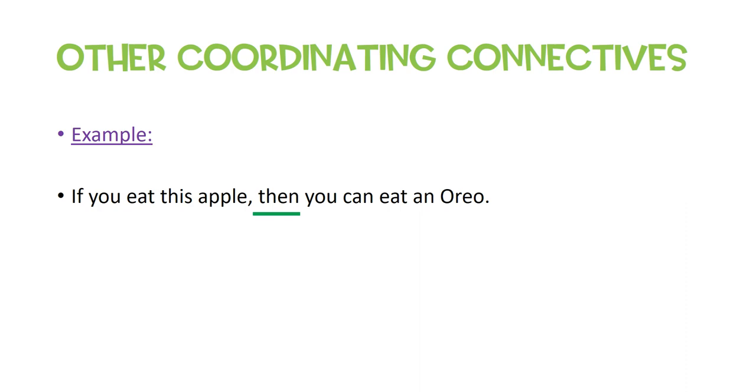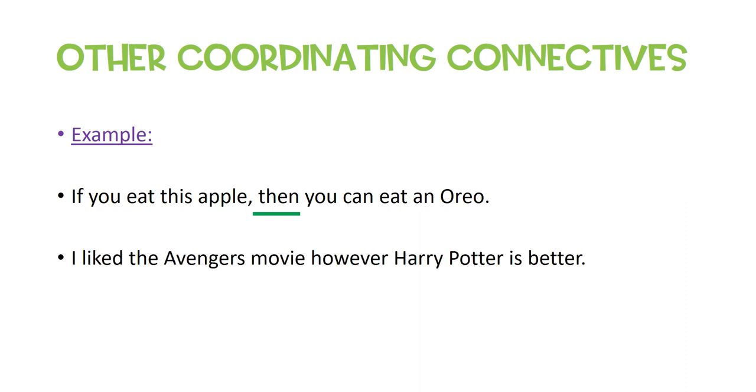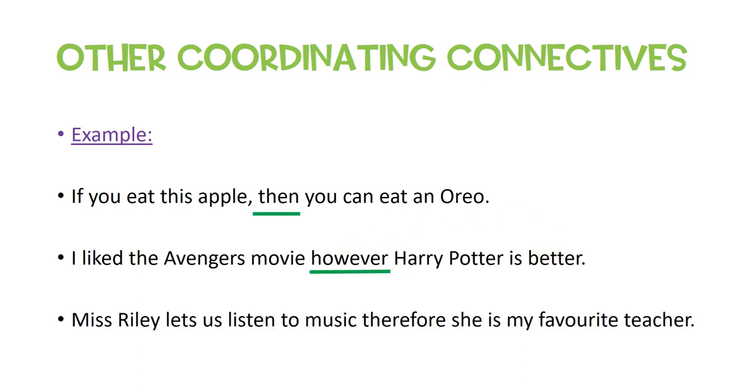The word then is showing us it comes after. I liked the Avengers movie, however Harry Potter is better. Here, however is showing us another sentence is connected. Miss Riley lets us listen to music, therefore she is my favourite teacher. Without the first one, the second sentence cannot exist.